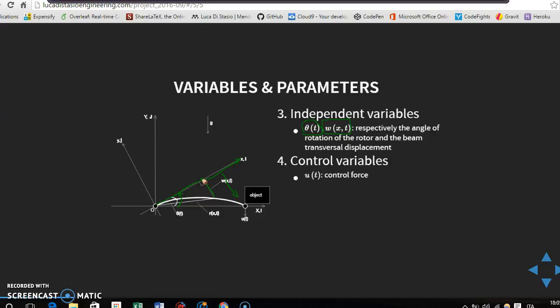Actually, w is defined positive along the positive y, and this is just a matter of representation, so we can just erase it, and w is just defined along the positive y direction. The control variable is just one, u(t), applied here at the end of the flexible arm where the tip mass is located.